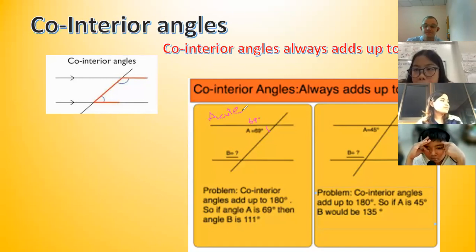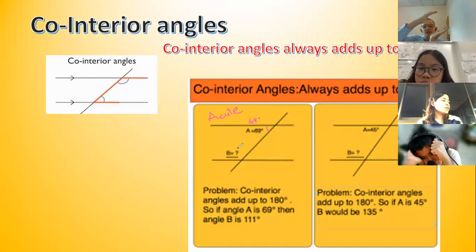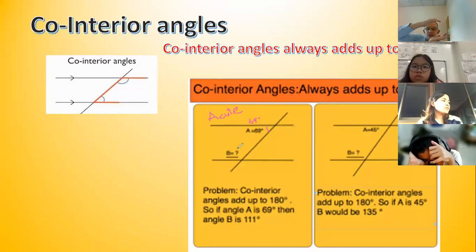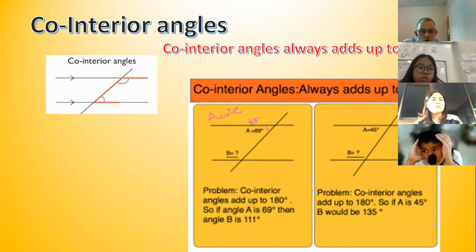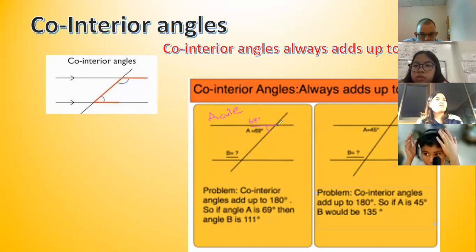The other one, when we look at co-interior, the two inside, it's almost like a small half a box. If I draw the line here, look here. It's almost like a small box. So the angles on the inside of them here, we call co-interior.